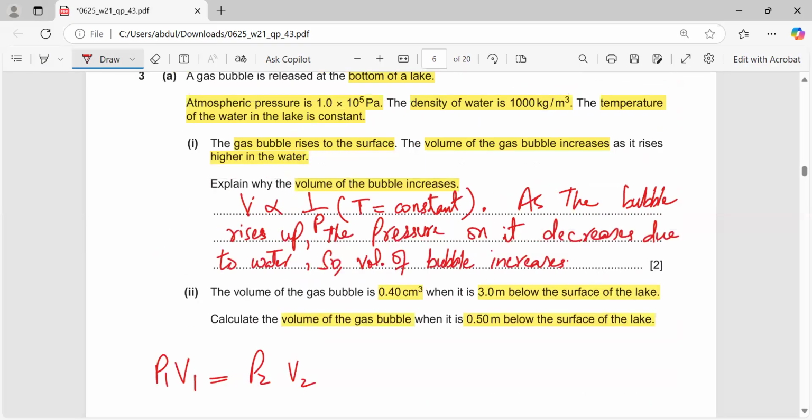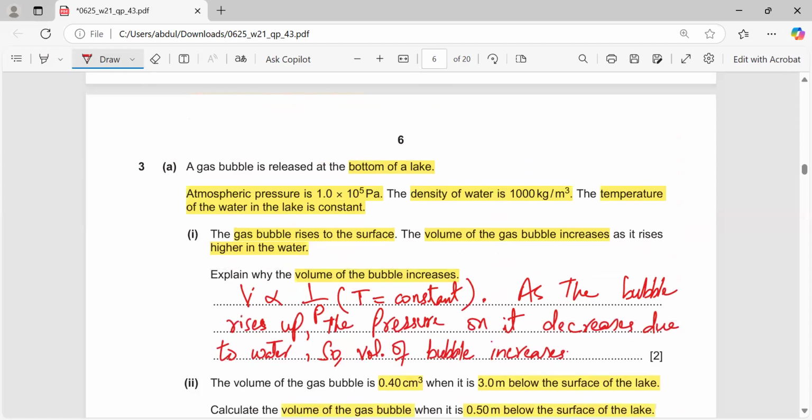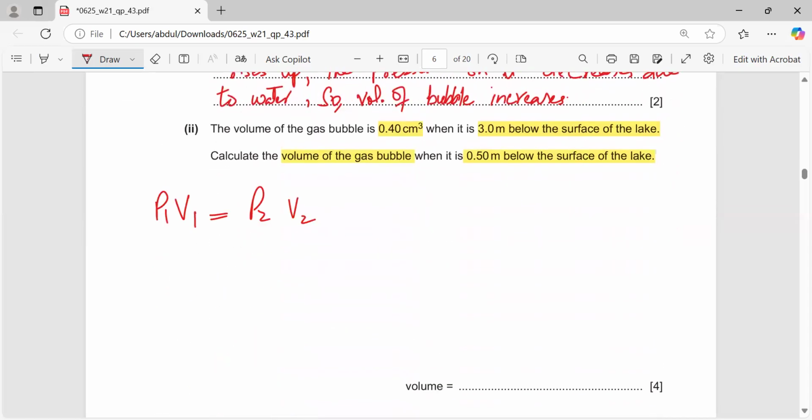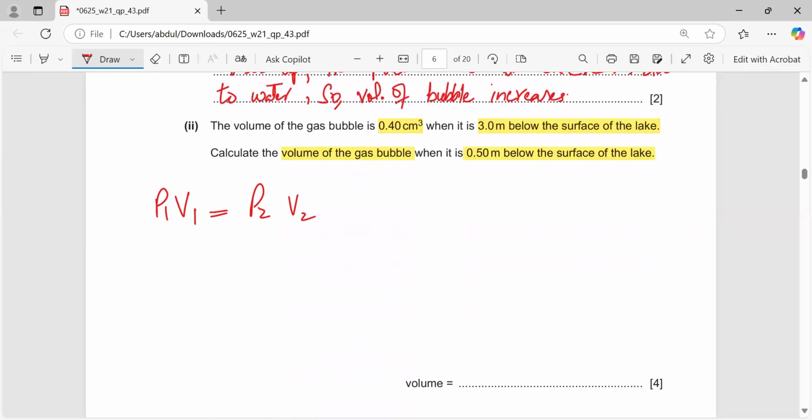But as the atmospheric pressure is given, it means the total pressure on the bubble will be the pressure of the atmosphere on the surface of the water plus the pressure of the liquid. So these two pressures are actually added up as the pressure on the air bubble in the water. So that's what I'm going to do right now. So be very attentive.